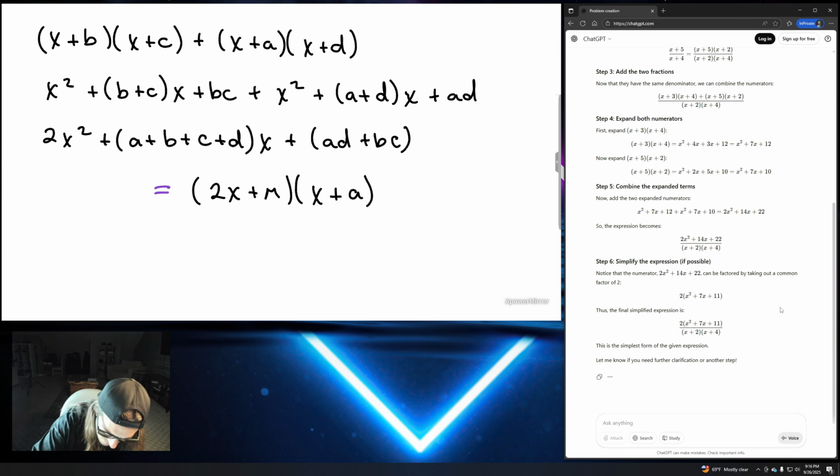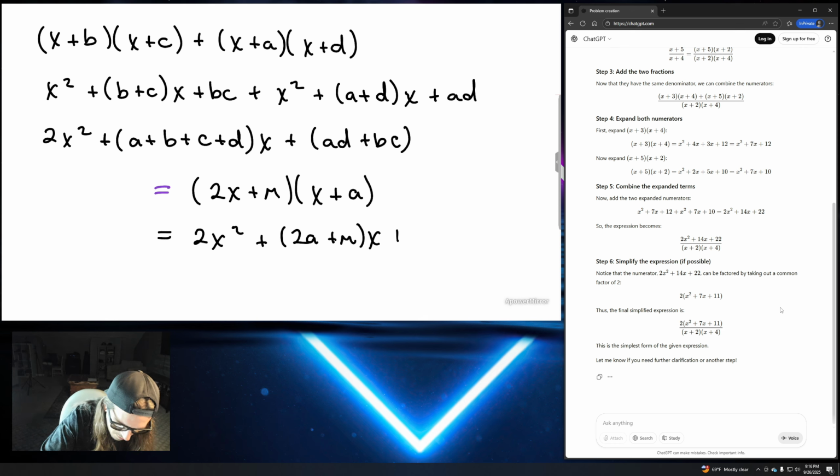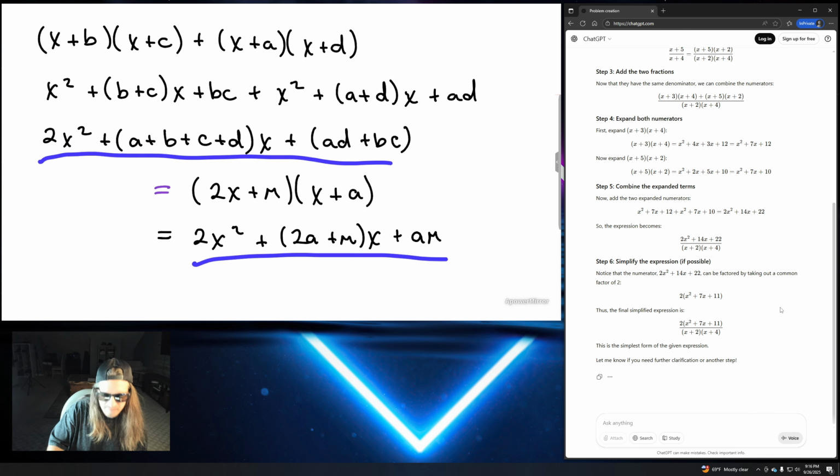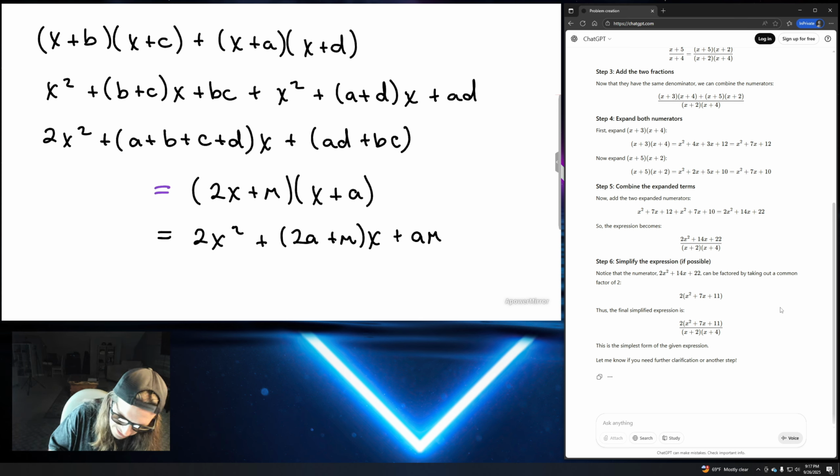So if I distribute this, what I want would be 2x squared plus 2a plus m x plus am, right? Okay. So I want this to end up being that. If I can make that happen, then my answer will be reducible. So let's match up the parts.